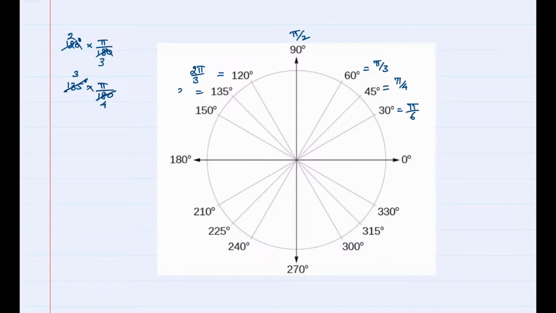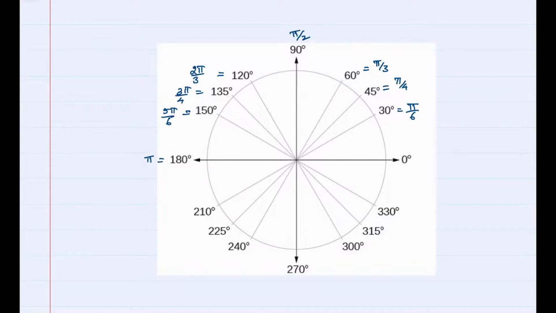So, it is 3 pi by 4. Then 150 degrees, let us change it into radians. 150 degrees is 5 pi by 6 radians. 180 degrees is pi radians.